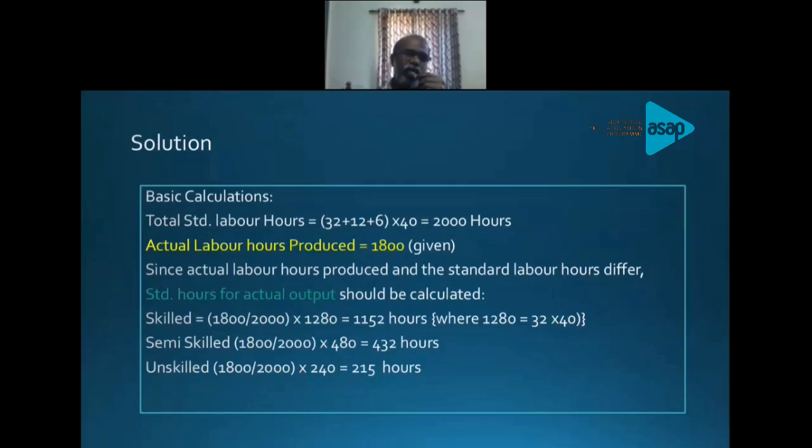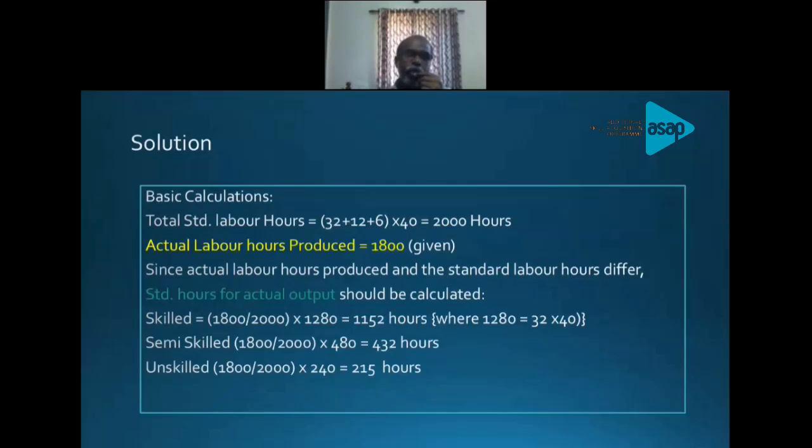So there is a difference between the actual hours produced and the standard hours. So the standard hours for actual output should be calculated, in respect of each category of employees.